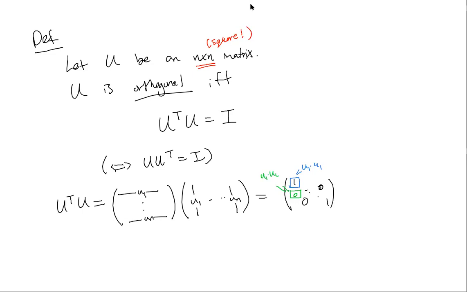And so what this is saying for an orthogonal matrix is that the columns of U are orthonormal. So we went over this a little bit, but just to warm up, or maybe recall.